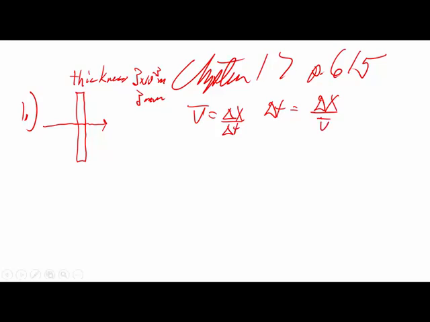Average velocity. All right. Well, there's a problem, though. We don't know what the velocity of the light wave is. But we can find the velocity of the light wave by taking the speed of light and dividing it by the index of refraction. Okay? Now, it tells us that it is a piece of glass.